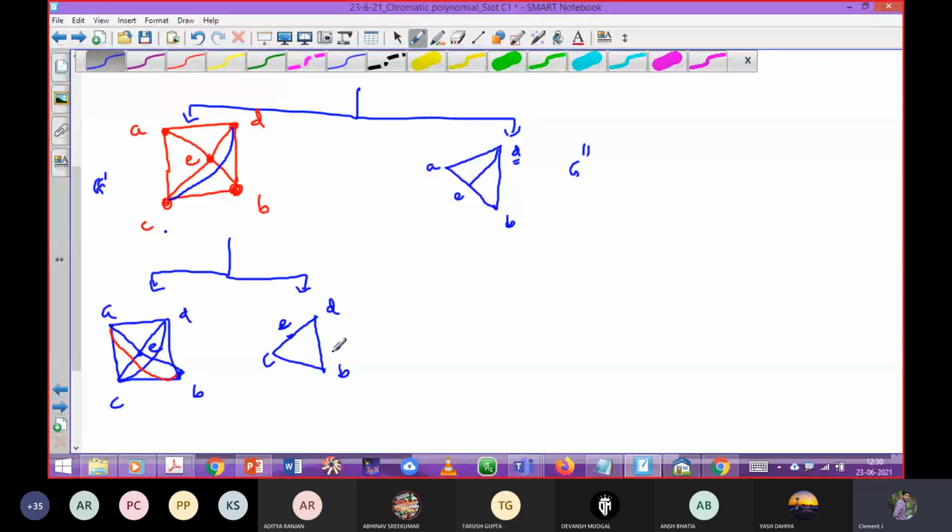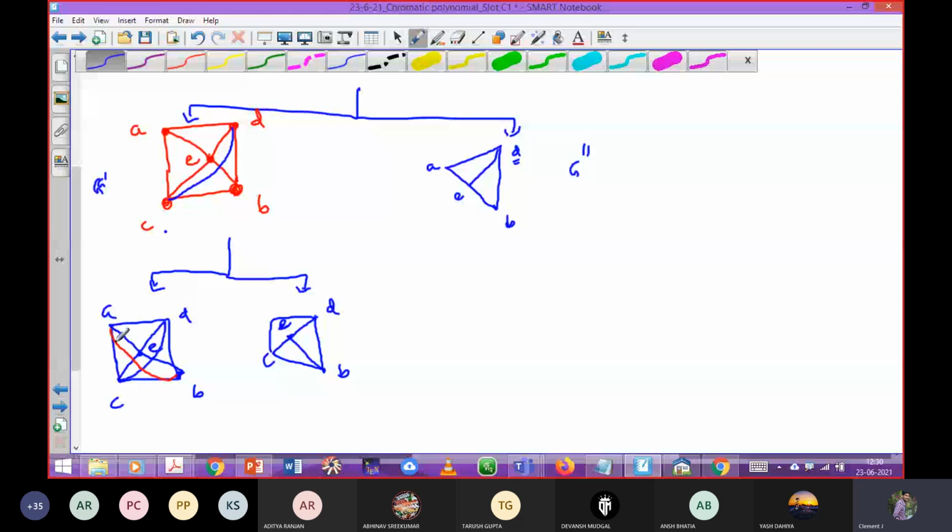So A to B means here I have missed one more thing, that is C to D. The corresponding edges also will be overlaid onto another shape, like C to A means C to B. That is a similar edge, right?